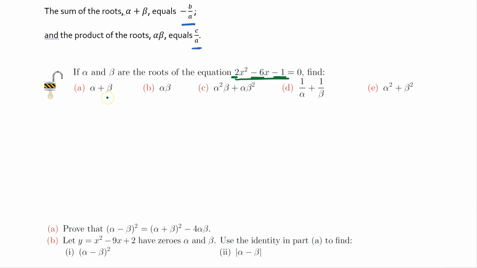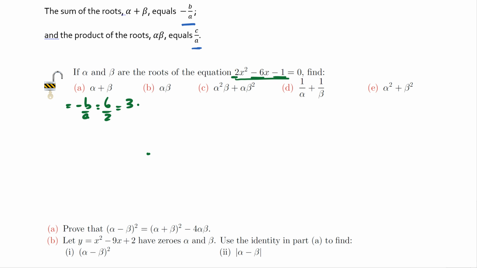Now occasionally I'll slip into saying the sum of the roots 1 at a time and 2 at a time and so on. That will make more sense down the track, so just bear with me for that. So the sum of the roots alpha plus beta is minus b over a. So that equals minus 6 over 2, which is plus 6 over 2, which is 3.